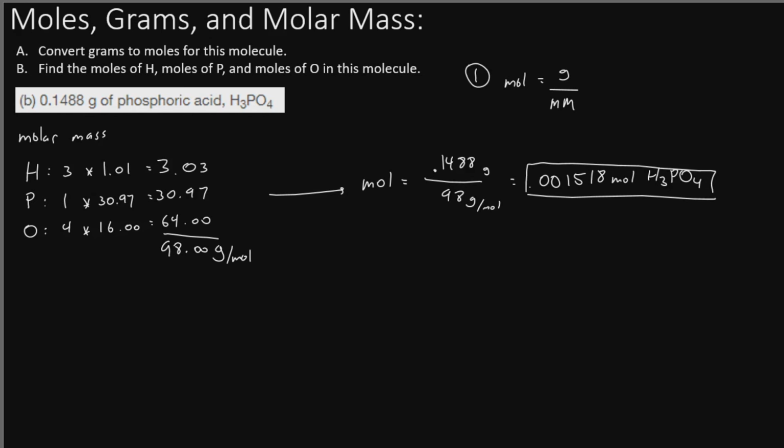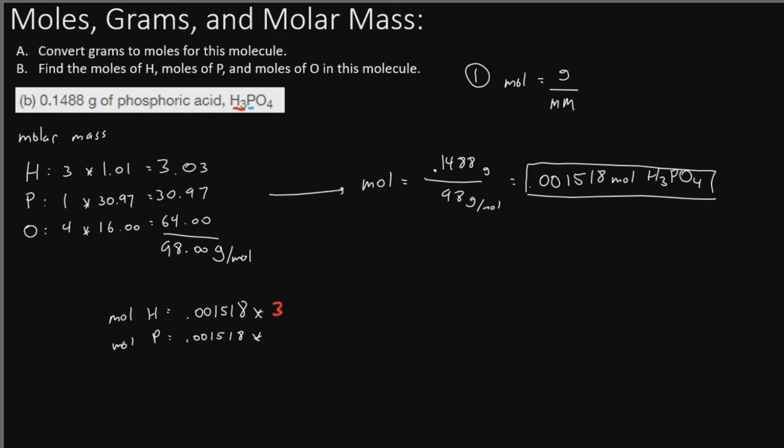Now, to find our moles of H, we'll take the moles of the molecule, which is 0.001518, multiplied by the number next to H. That's 3. To find the moles of phosphorus, we'll again take 0.001518 and multiply it by the number next to phosphorus.